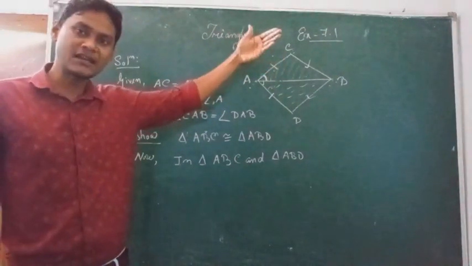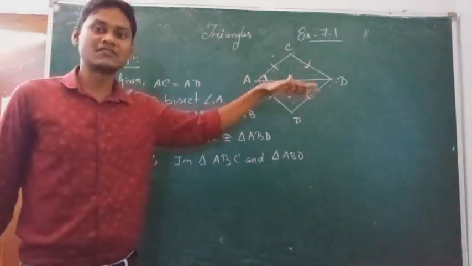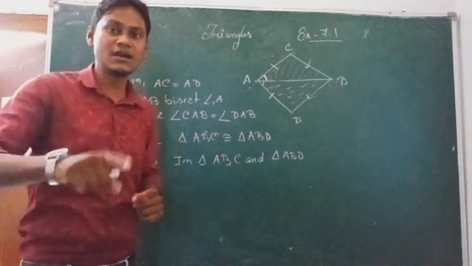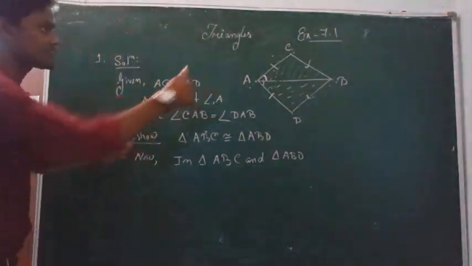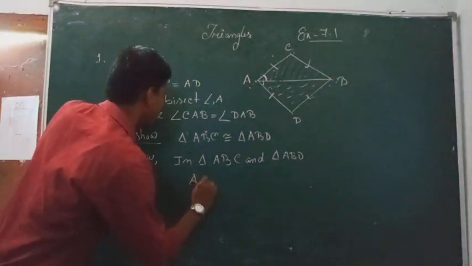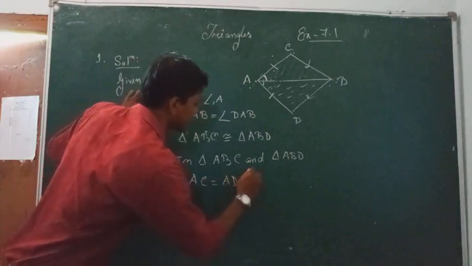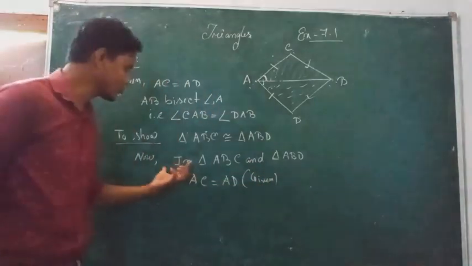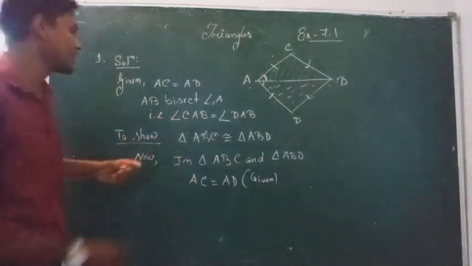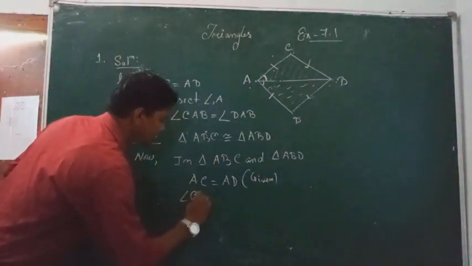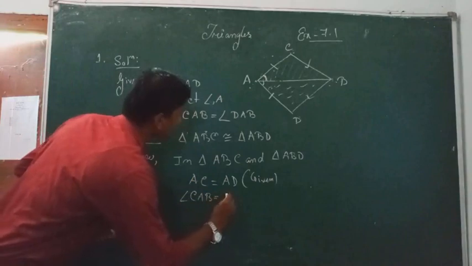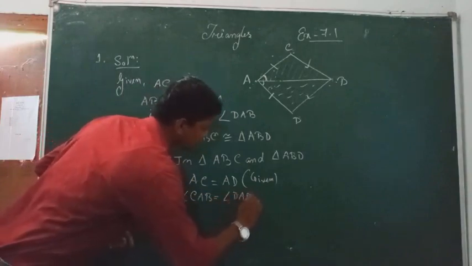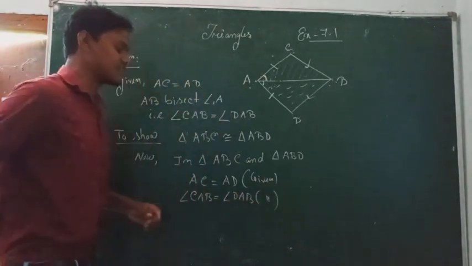The parts of one triangle have to be equal to the parts of the other triangle according to the congruence criteria. So AC is equal to AD. This is the given data, with the two sides belonging to the two triangles. Next, angle CAB is equal to angle DAB. This is also given. Now let's see here.